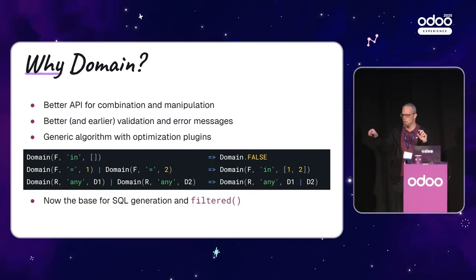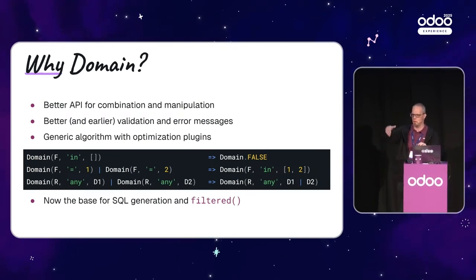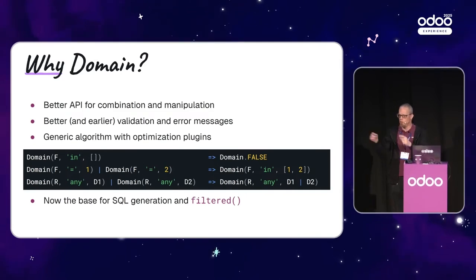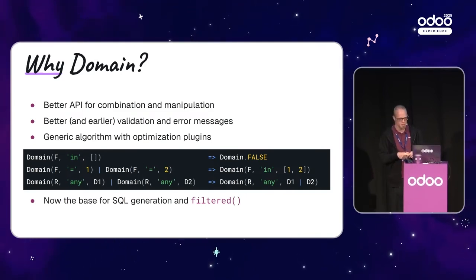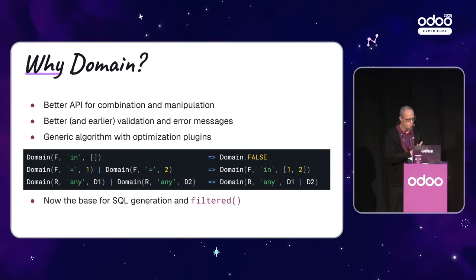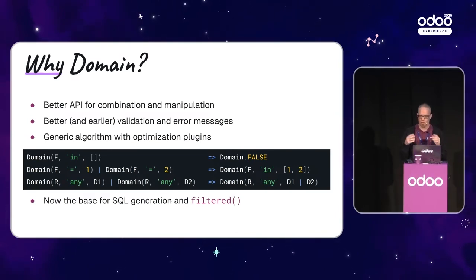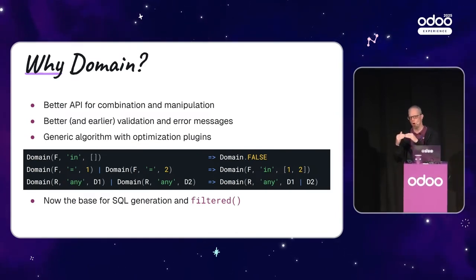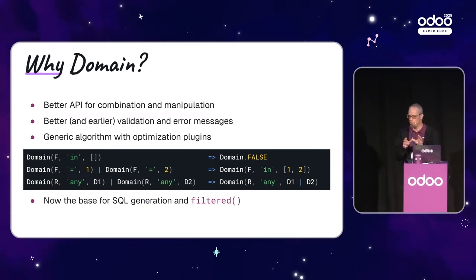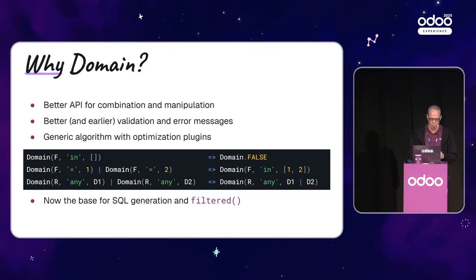But if you have combinators and if you want to analyze, like one of the or conditions, you have to figure out the prefix notation of domains and stuff. There you don't need to. It's way simpler. It also provides earlier stage validation. So as soon as you pass something to domain, it already does some validation for you.